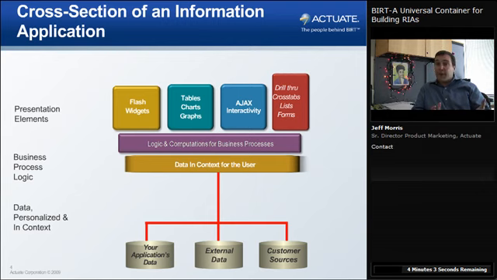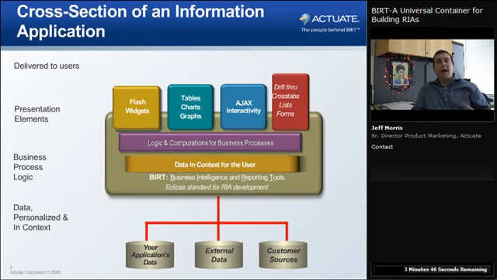How am I going to make it compelling? We mentioned before I can use things like Flash. I can use things to make it interactive, such as Ajax. I know I'm going to have charts and graphics and crosstabs to enrich this information and make it really compelling so that my users enjoy using it. How am I going to organize and deliver this information is my fourth layer.